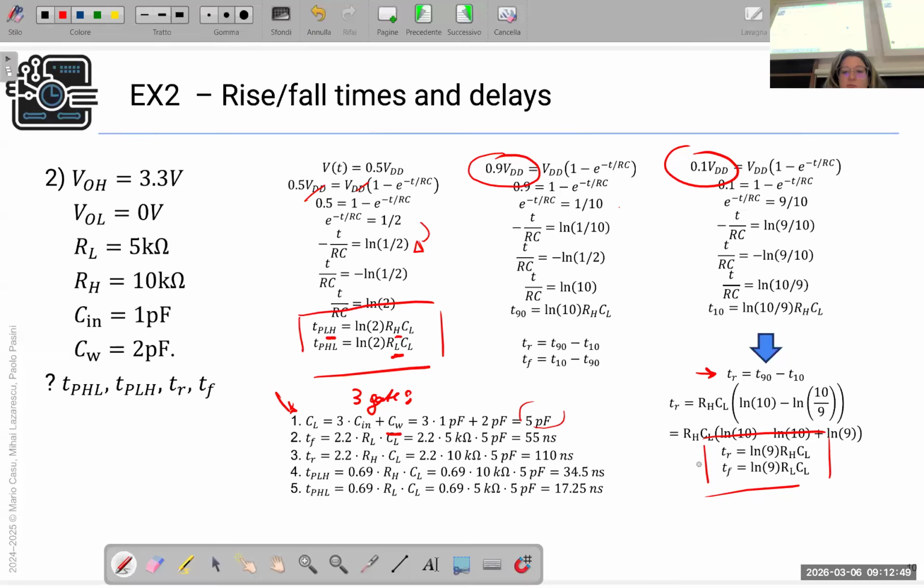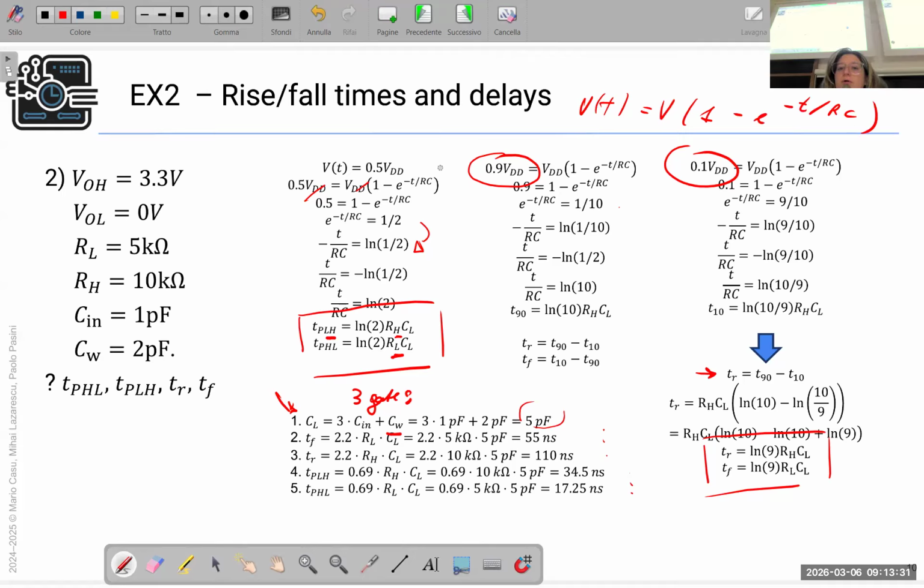We can apply this simple formula to calculate the timing, but you can be asked to derive this formula. Is it clear how it has been derived? Or are there any troubles with this formula? Okay, I guess it's fine. If you don't remember them, just derive them. You always use the same equation, which is V(t) equals V multiplied by 1 minus e to the minus t over RC.